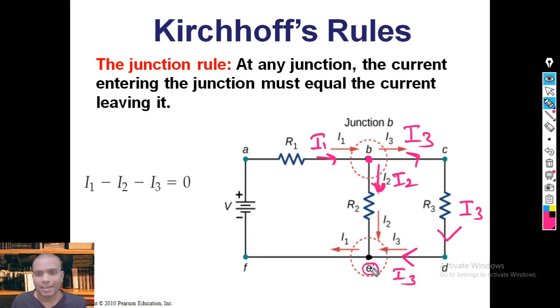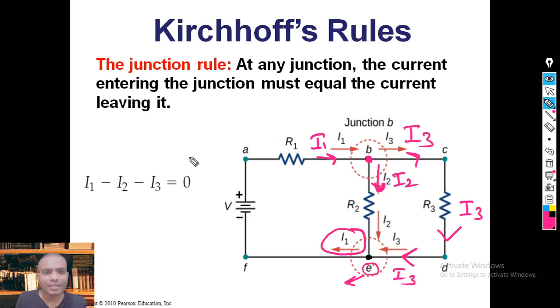Now at E, these two currents again combine. I2 and I3 combine at junction E, and again we get back our original current, that is I1. So at B currents divide and separate, and likewise at junction E they combine with each other.